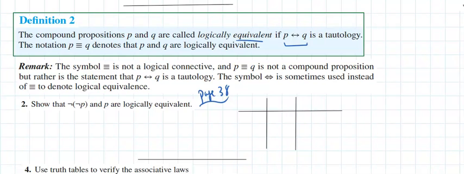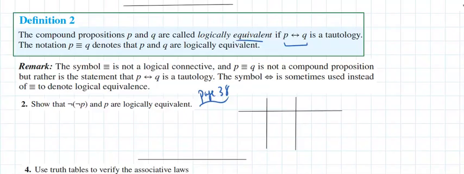If P is false, Q must be false, and vice versa. The illogical case is when one of them is true and the other is false. That's an issue. So we say P and Q are logically equivalent if P if and only if Q is a tautology.